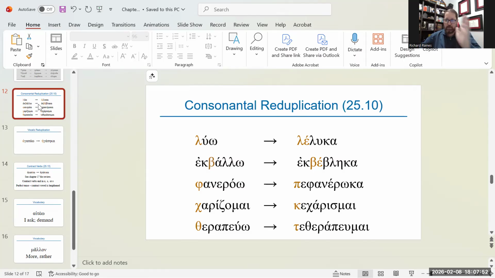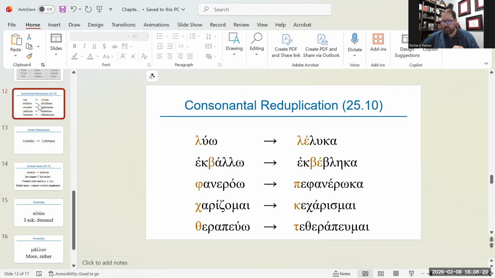When you see that reduplication, you're going to be like, oh, okay, I know. So here are some rules that apply to reduplication when the word starts with a consonant. This is 25.10, and then the number 1 right below that, consonantal reduplication. If a verb begins with a single consonant, luo.